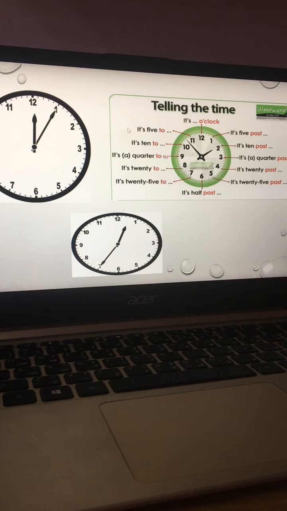The last thing, if the minute hand points to 11, we are going to say it's 5 to 1. That means that there are just 5 minutes for it to be exactly 1 o'clock. There are just 5 minutes between the 11 and the 12, right? So it's 5 to 1.